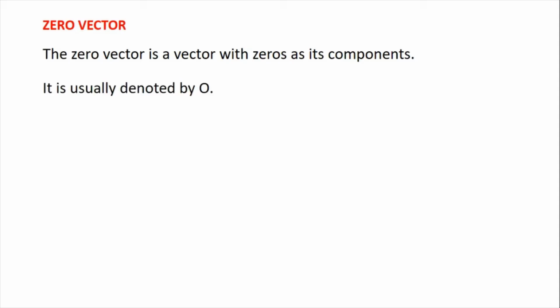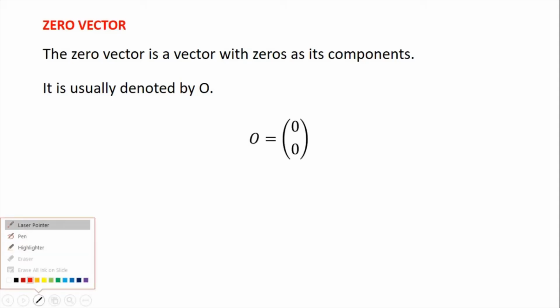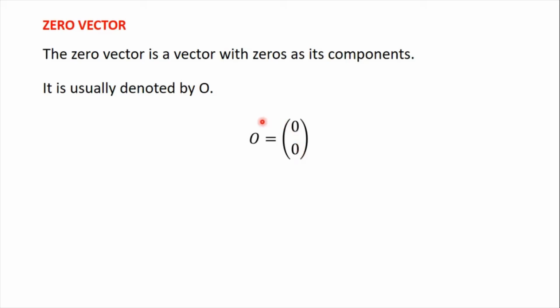It is usually denoted by O, and the zero vector is given as vector O with the x component as 0 and the y component as 0. So whenever you see a vector with the x component as 0 and the y component as 0, that vector is called the zero vector.